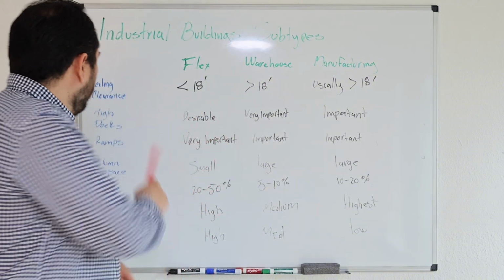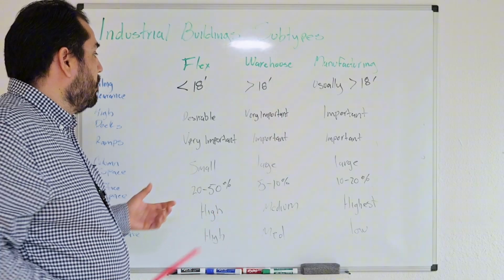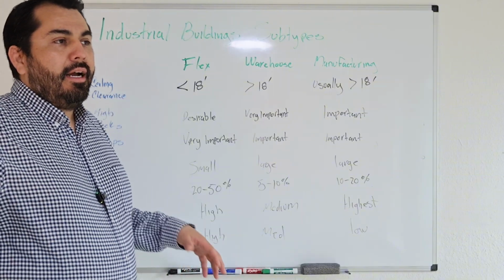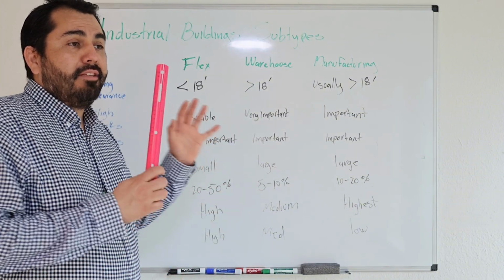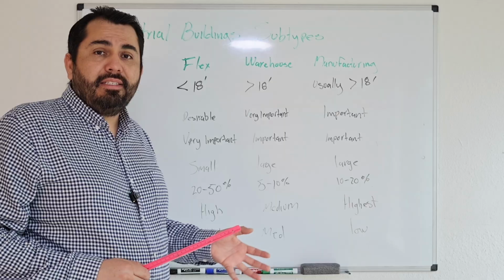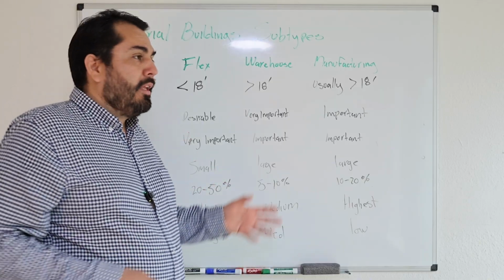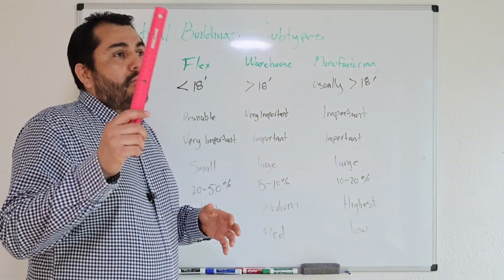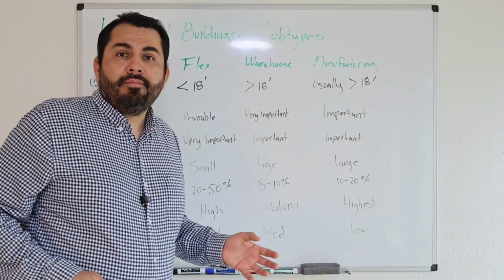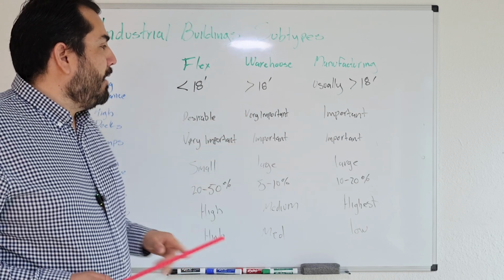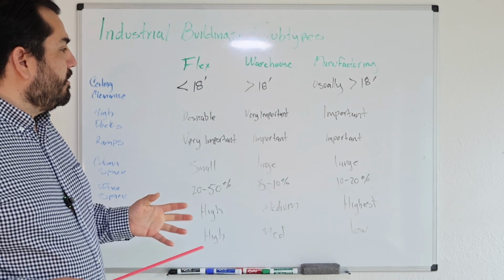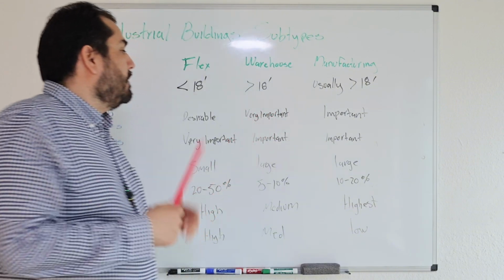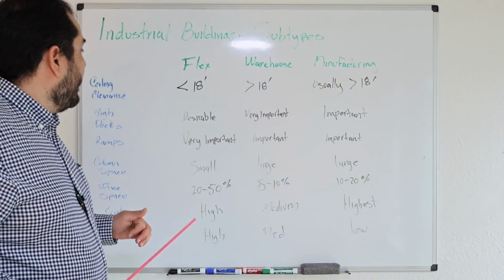So for flex, high docks are desirable, and for the warehouse they are very important, because many companies that rent a warehouse are logistics companies, like Amazon again, and they need to load the trailer, and then the trailer goes to maybe another state. So this is for big trailers or big trucks, and for warehouses the high docks are very important.